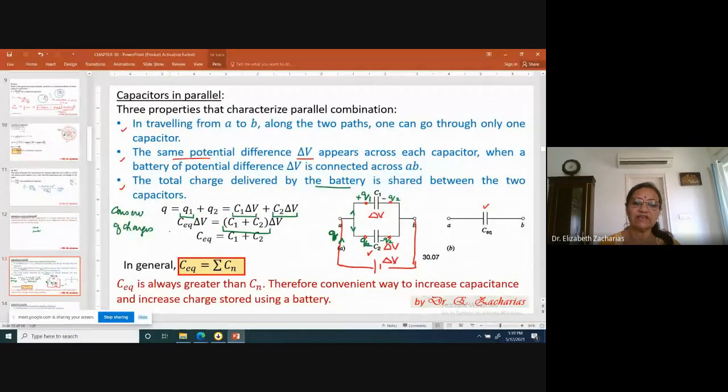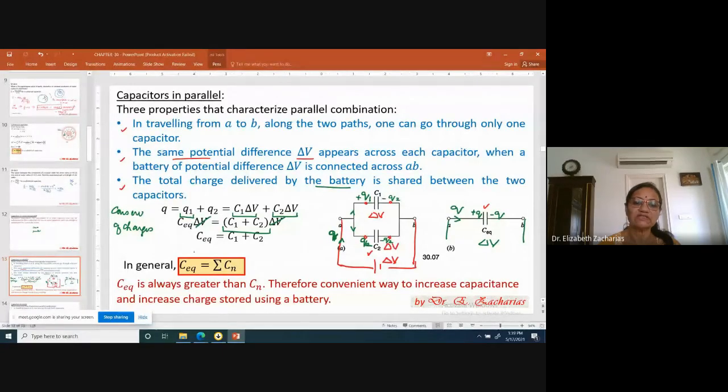Now let us come to the left side of the equation. We told you that when you put the equivalent capacitor, the rest of the circuit should behave in the same way. So that means here also the charge that you're going to get is going to be Q. So on this plate, let us say there is a plus Q. On this, there is a minus Q. And the potential difference is delta V. So write an equation connecting delta V, C equivalent and Q. On the left hand side, you will write Q is equal to C equivalent into delta V. And you can see that delta V would just get cancelled out.